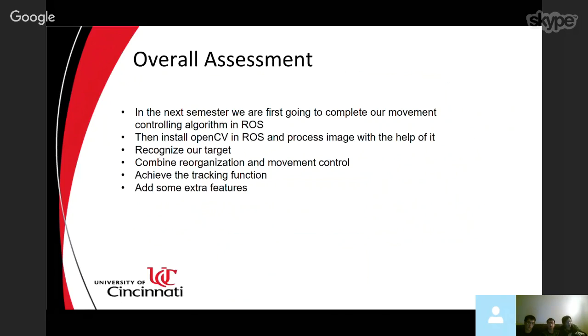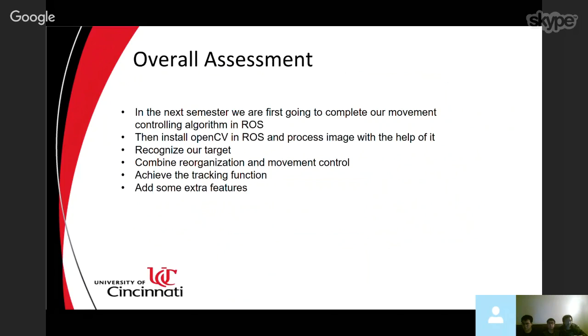Then we combine the recognition and the movement control. As you can see in the slides above, we can complete the basic operations. So we can just combine them together and achieve the tracking function.